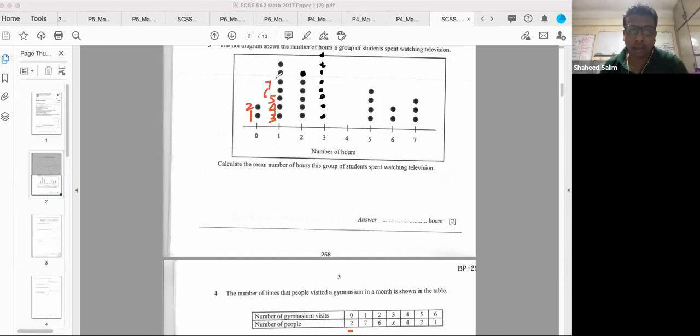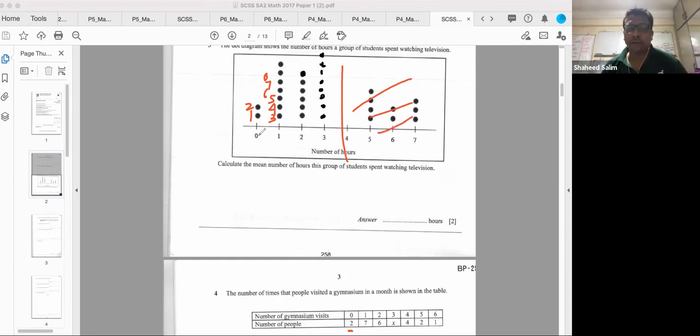I got extra. 8, 9, which one? This one? Down here got extra: 1, 2, 3, 4, 5, 6, 7. Okay. 1, 2, 3, 4, 5, 6. Okay. So 1, 2, 3, 4, 5, 6, 7, 8. Correct. The rest I don't draw.